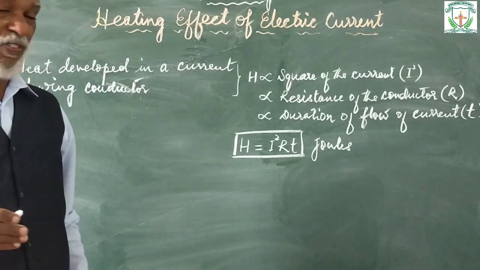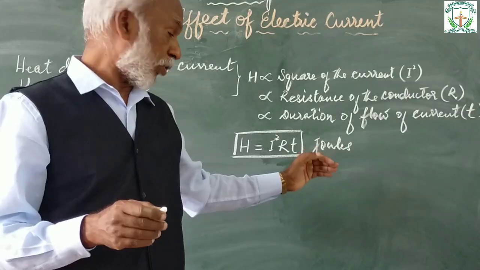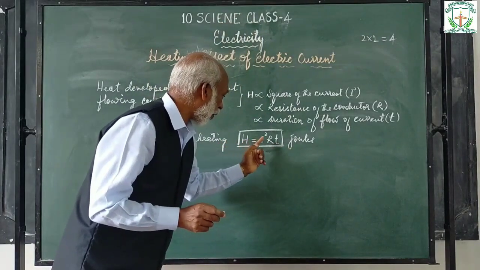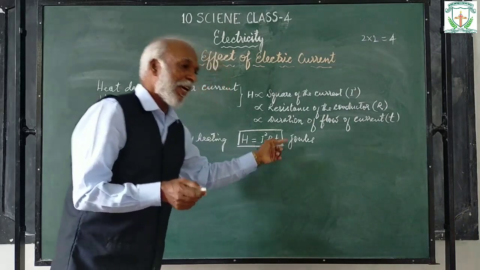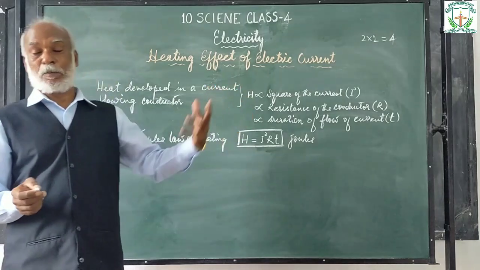Heat is also a form of energy. So the heat developed is measured in terms of joules. This relationship H is equal to I squared R T is called Joule's law of heating.